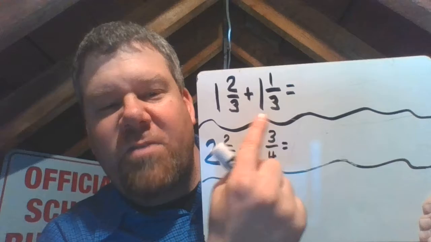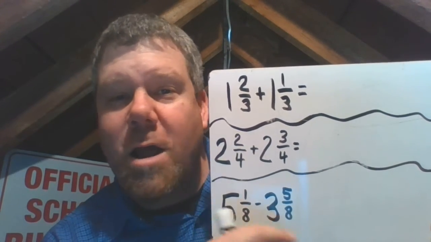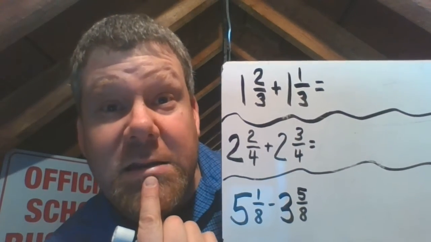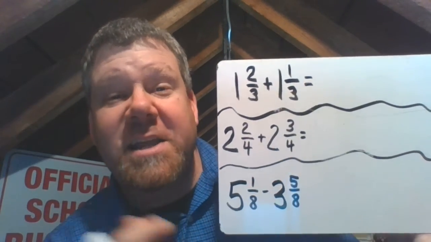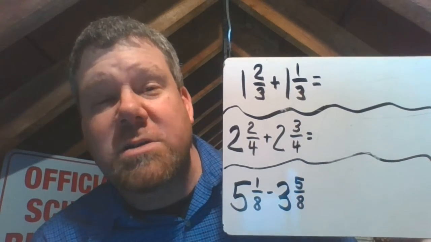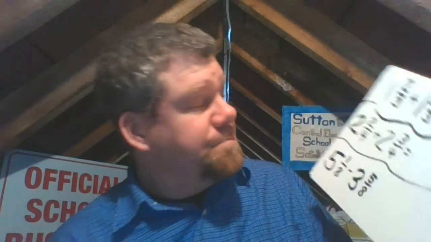And since I added the fractions and got 1 whole, I have 1 plus 1 plus 1. And you probably learned how to solve that many years ago, correct? Yes, the answer is 3. So we just added some mixed numbers. 1 and 2/3 plus 1 and 1/3 equals 3. I'll write that down right there.